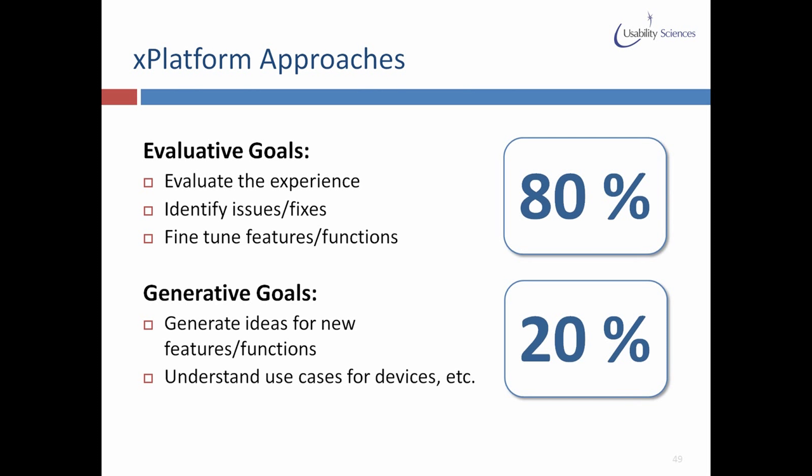At Usability Sciences, we recommend that at least 20% of your research budget is in the generative domain. Thinking back to that innovator's paradox, spend time thinking about where things are going and what could be even more convenient for your users.